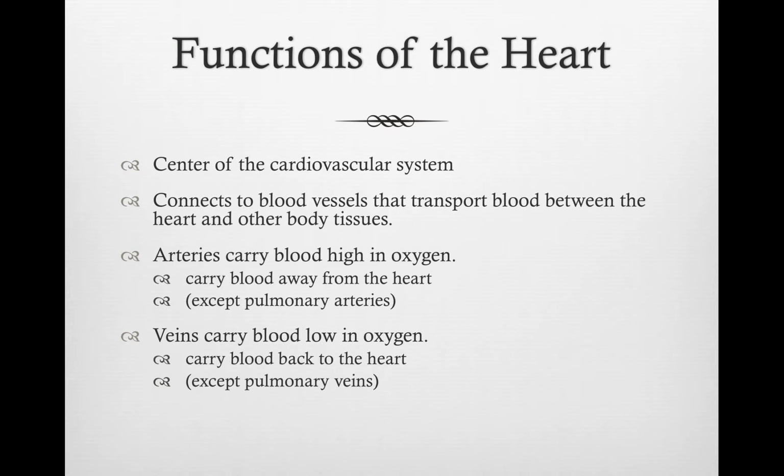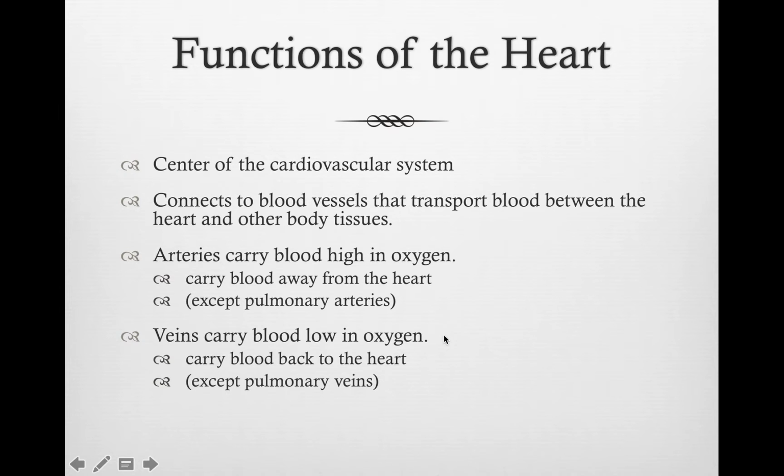So, generally speaking, arteries carry blood high in oxygen. However, what is always true is that arteries always carry blood away from the heart, and that's the absolute that I want you to remember. An artery is a vessel that carries blood away from the heart, and it is almost always, but not always, one that carries highly oxygenated blood.